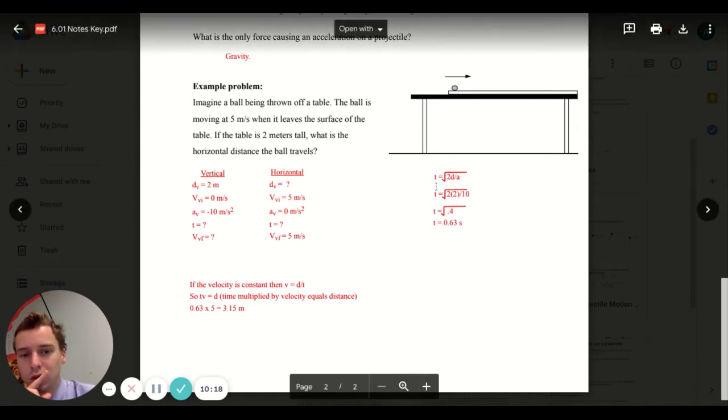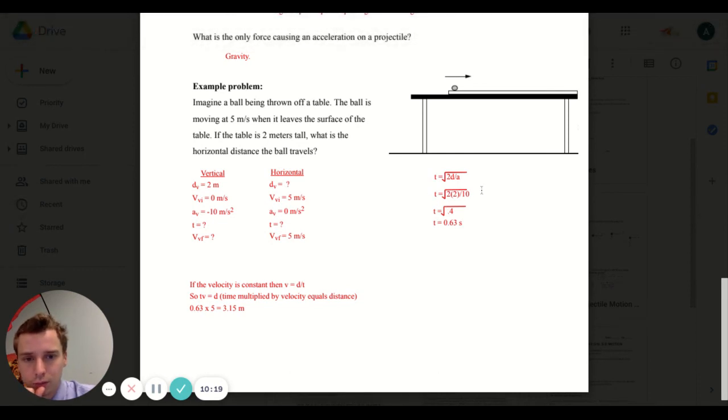So I'm going to use just the vertical components over here, and I'm going to rearrange my kinematic equation, use the equation that I provided for you guys at one point, which is time equals the square root of 2 times the distance divided by our acceleration. So 2 times 2, which is our distance, or -2, either way, divided by 10, or -10, either way is fine in this case.